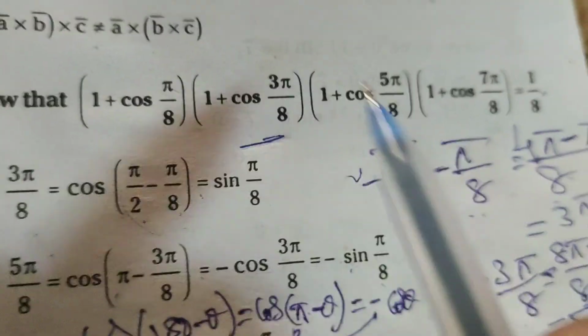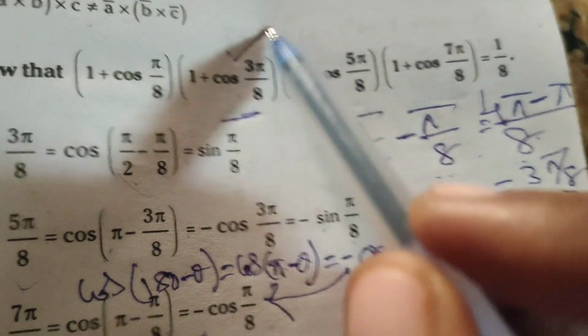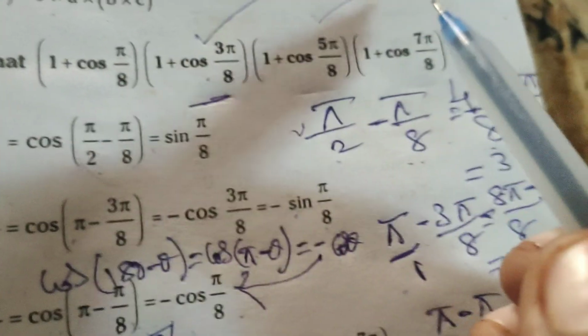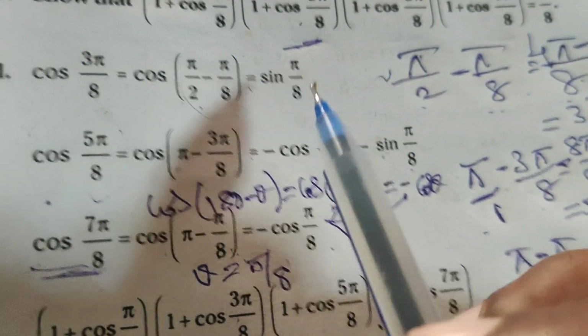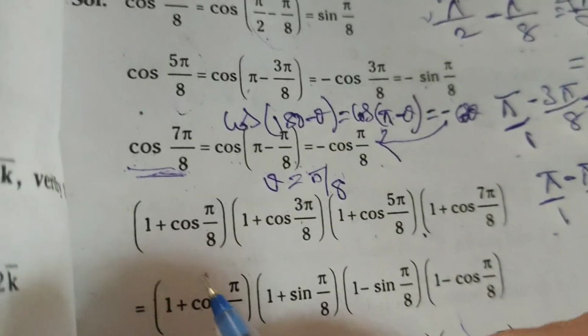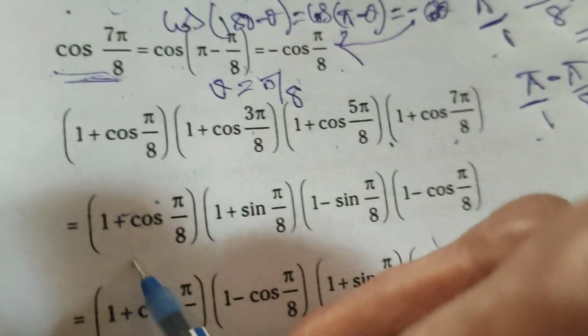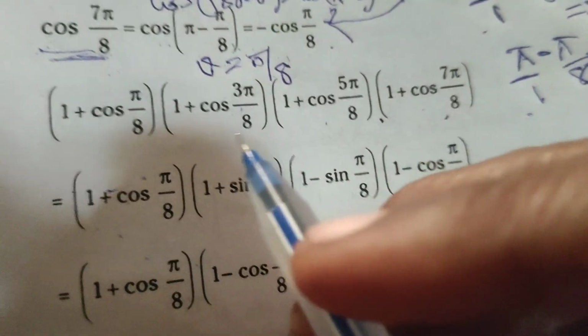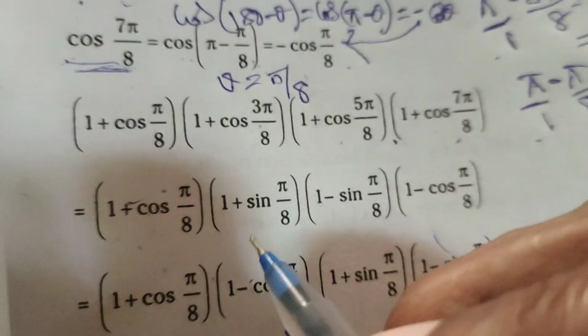By the given problem, we arrange and substitute in place of cos 3 pi by 8, cos 5 pi by 8 and cos 7 pi by 8. First write the given problem. The first value stays as it is, 1 plus cos pi by 8. In place of cos 3 pi by 8, write 1 plus sin pi by 8.